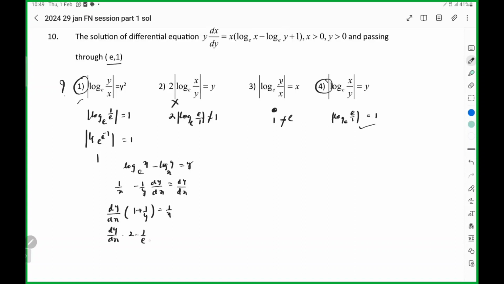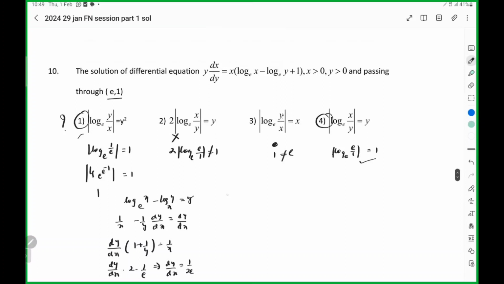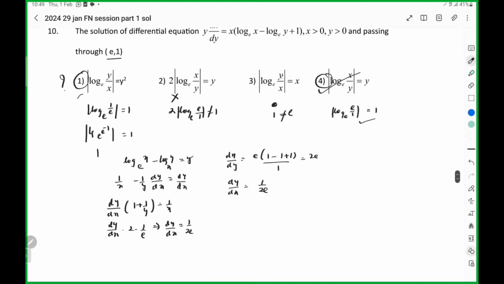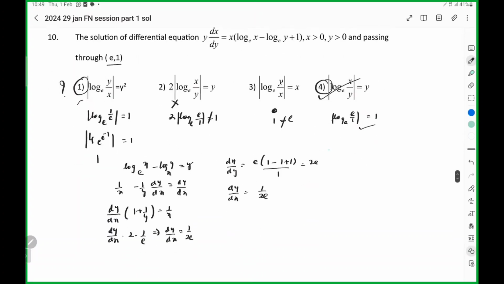So here 2 equal to 1, so dy by dx is 1 by 2e. In the equation also, you find dx by dy, substituting log e to the base c, log 1 to the base 1, y is 1, which is 2. So for the other one, similarly you differentiate first, and that won't be satisfied.